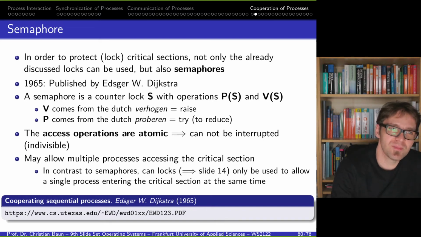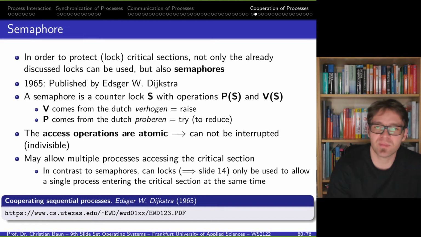A semaphore is basically, I want to explain it as simple as possible, a counter lock variable. So it's used to lock critical sections of processes.